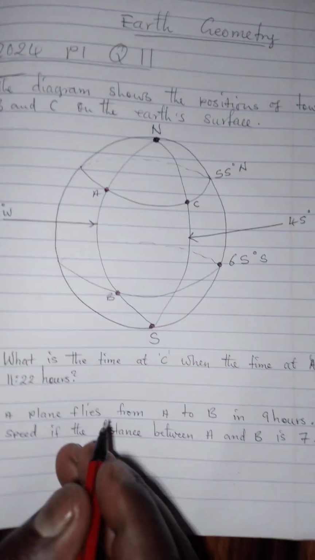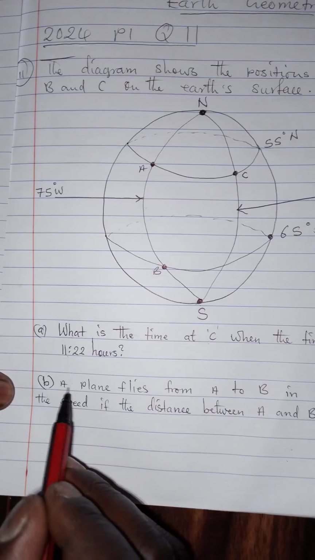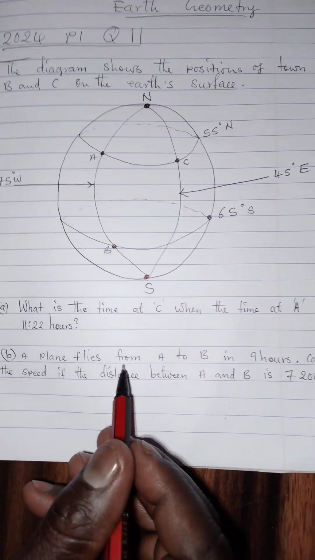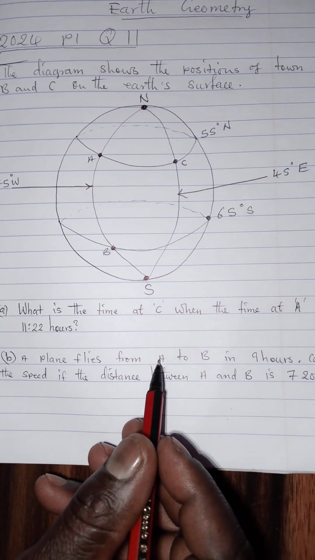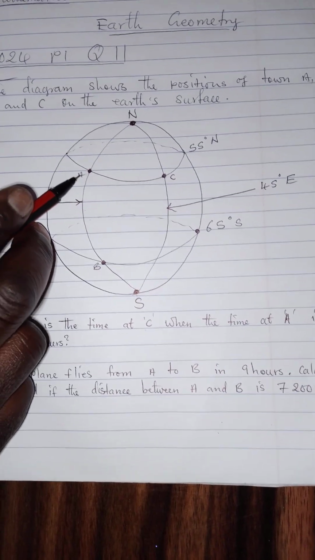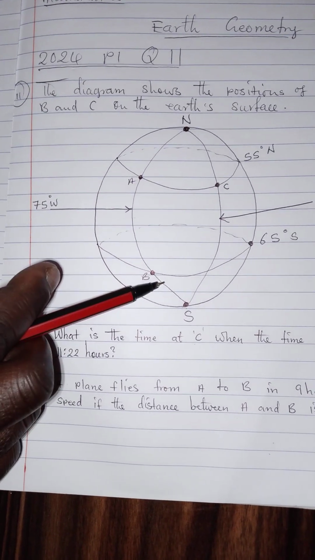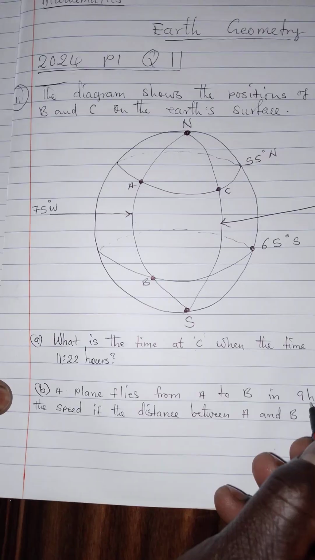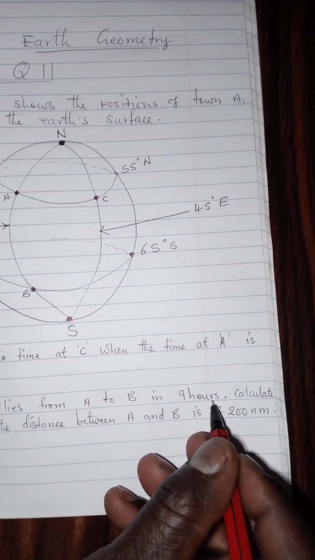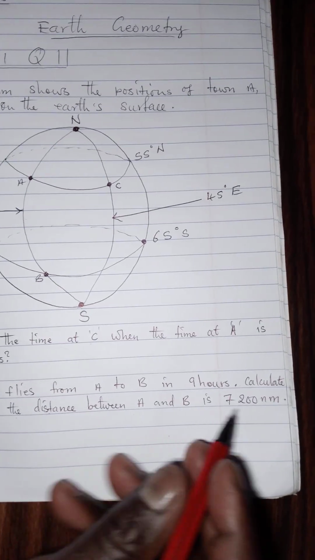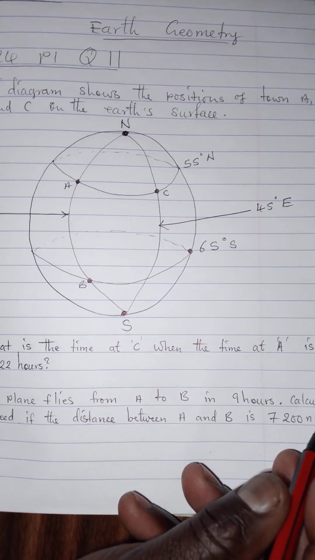Question 11B reads, a plane flies from A to B. A plane flies from town A. We can see town A on our diagram. A plane is now flying from town A to town B in 9 hours. Calculate the speed if the distance between A and B is 7,200 nautical miles.